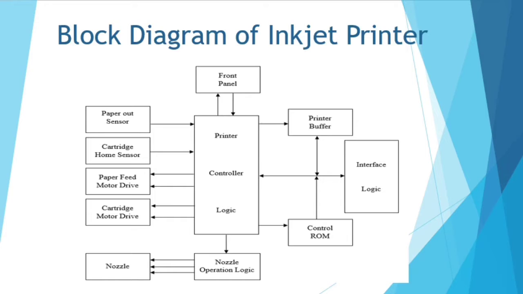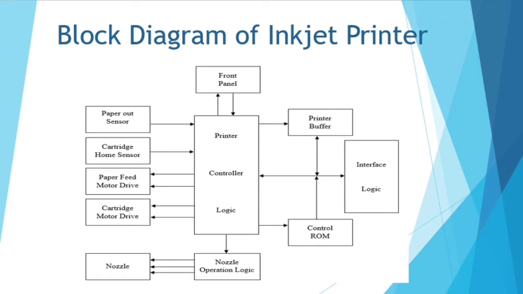The paper out sensor, the cartridge home sensor, the paper feed motor drive, the cartridge motor drive, the nozzle operation logic, the control room, the interface logic, the printer buffer, and the front panel are connected to the printer, to the controller and the logic, where they play the main important role in the inkjet printer system.